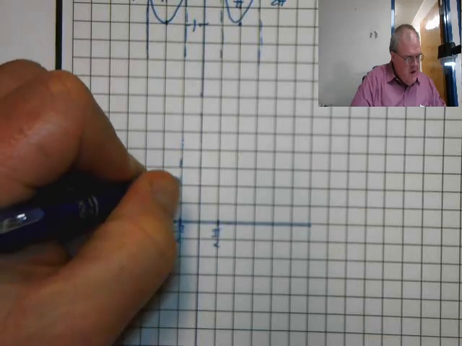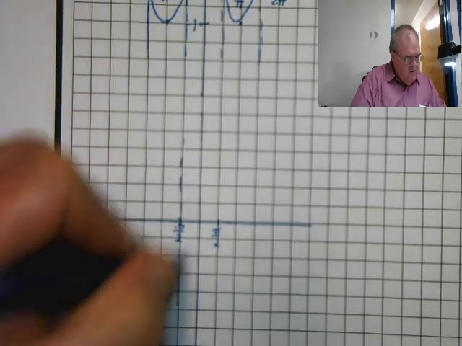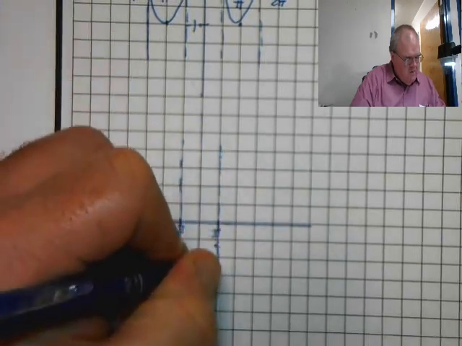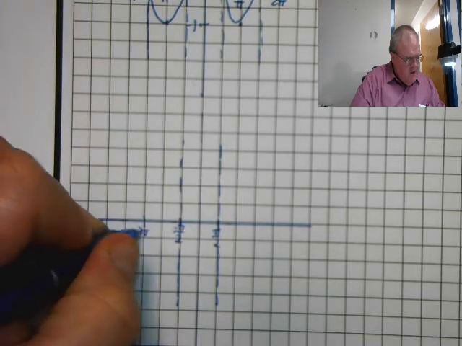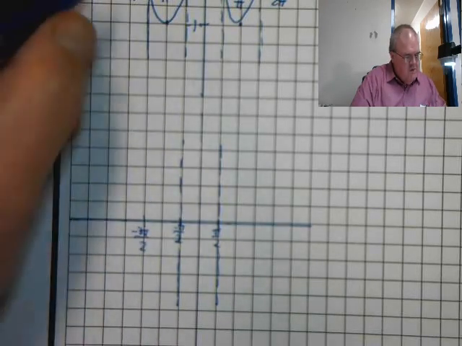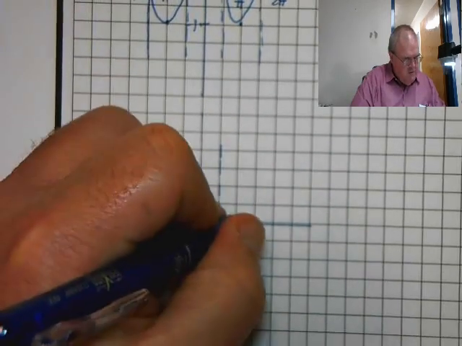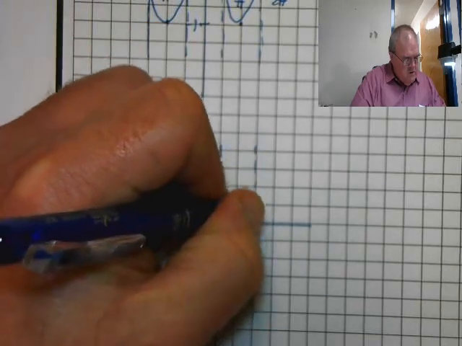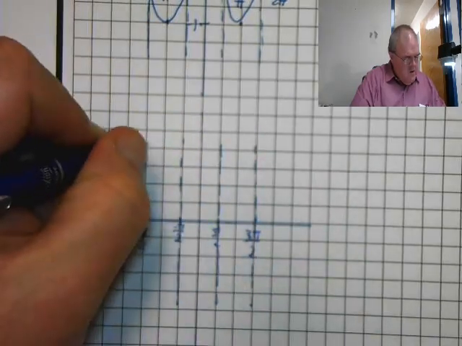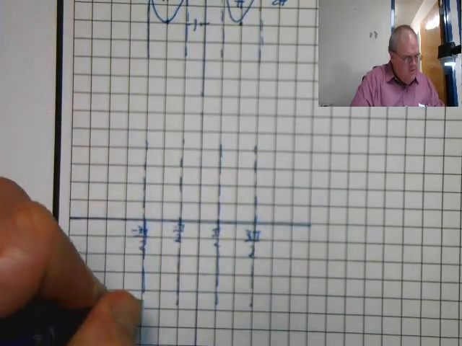That's going to be the main area that we are concerned with. We'll also have one at negative 3 pi over 2, and we'll also have an asymptote at 3 pi over 2. So we're going to draw our asymptotes.